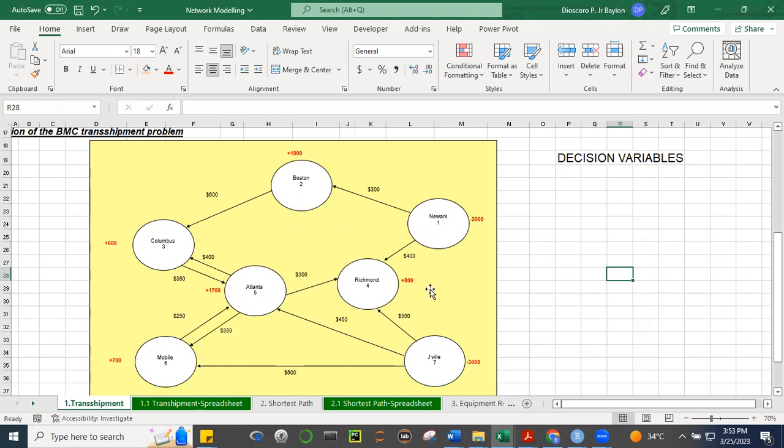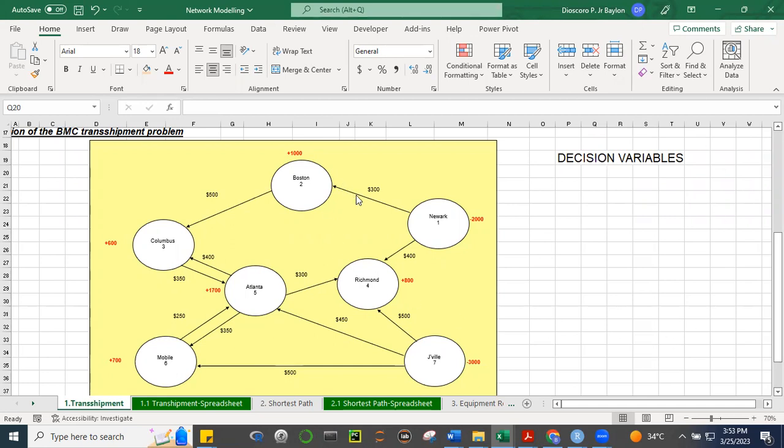So how many decision variables do we have here? Okay, 7. All right.